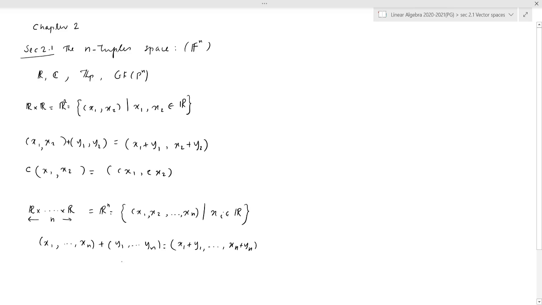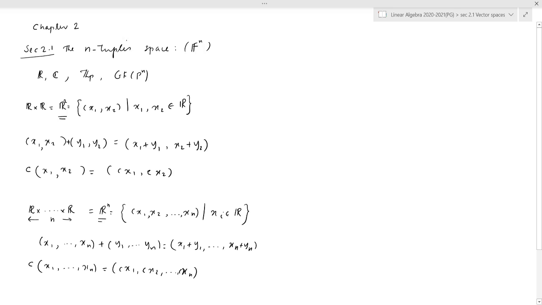That is the first five axioms of the vector spaces. And now we take a scalar c and multiply by x1 etc., xn. We can write it as c times x1, c times x2, and so on, all the way up to c times xn. So this is the corresponding scalar multiplication in Rn. So R, R2, R3, R4, etc., R raised to n, or any number of copies of R, will make a vector space.